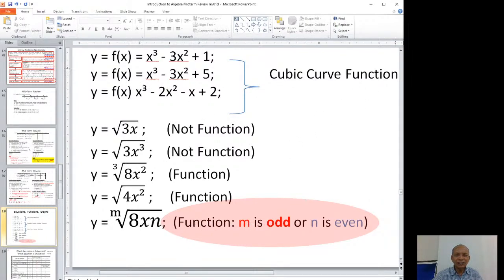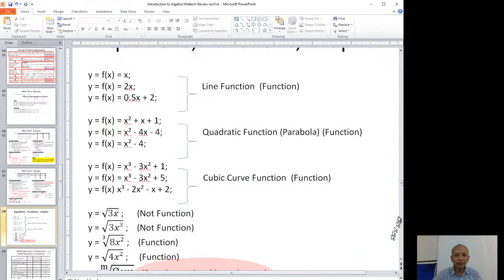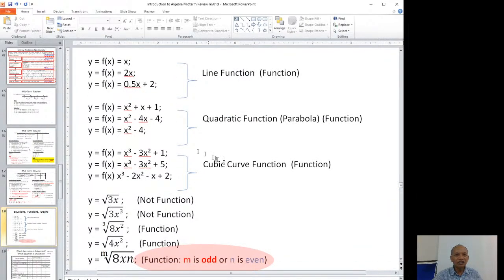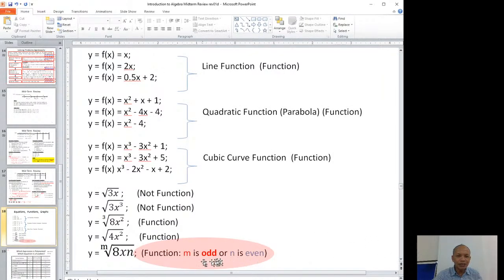When we have an expression y equals f of x, the term on the right can have x or some other variable, but the most important thing is that when we have a radical term, we must be careful.